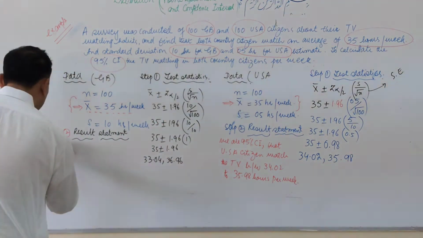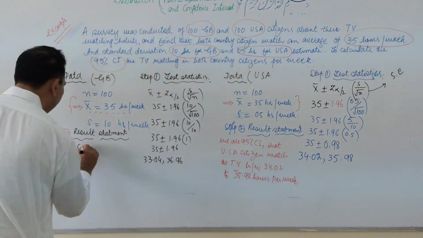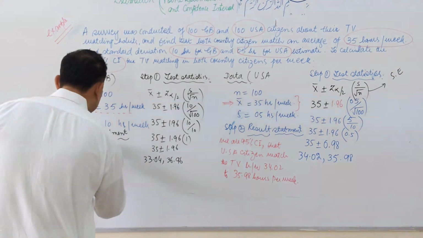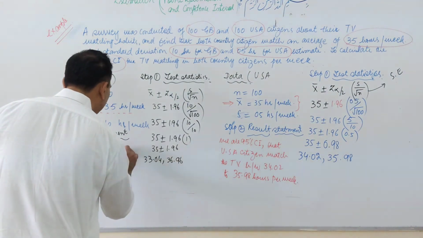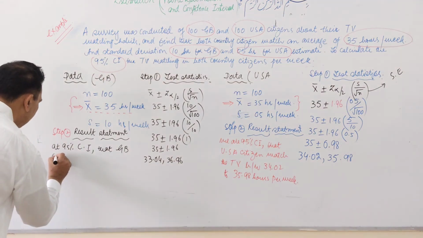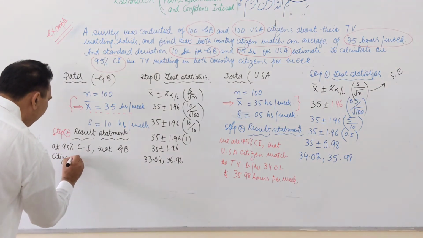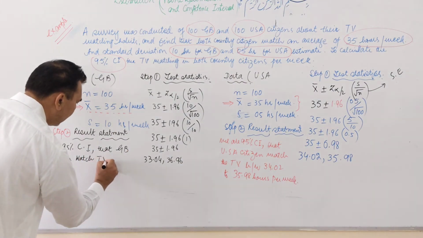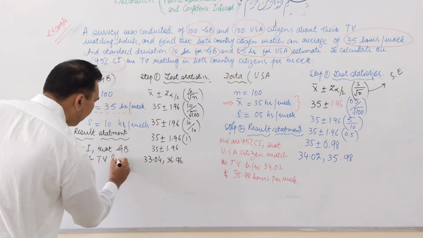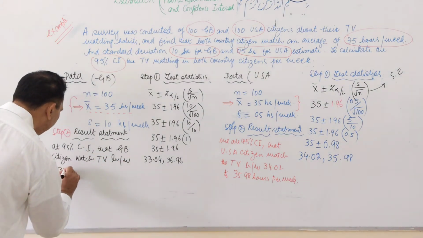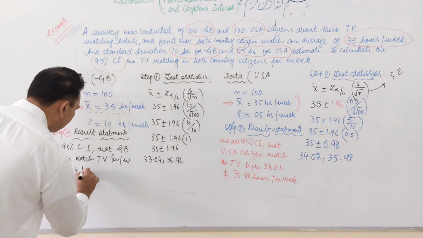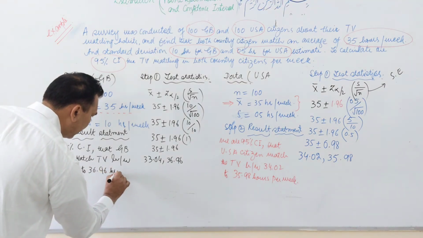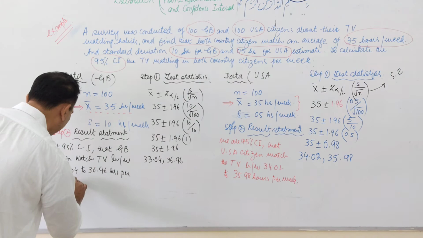Now at the 95% confidence interval, we conclude that the Great Britain citizens watch TV between 33.04 to 36.98 hours per week.